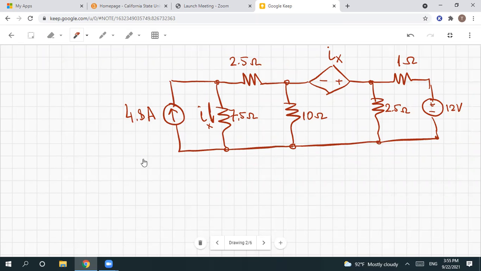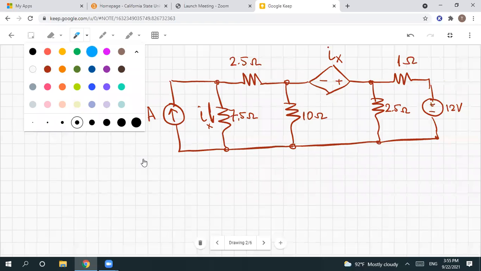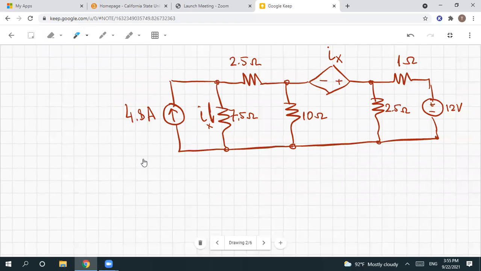So where will be the reference? What do you think? Bottom node. Bottom node. Okay, thank you. Why do you think so? It has the most elements connected and it's touching the negative of the voltage source. Exactly. Thank you so much.